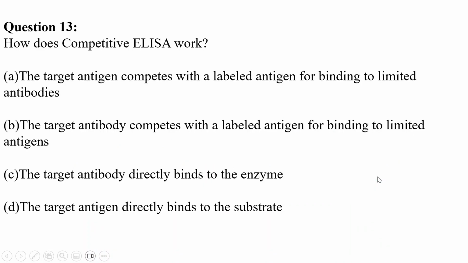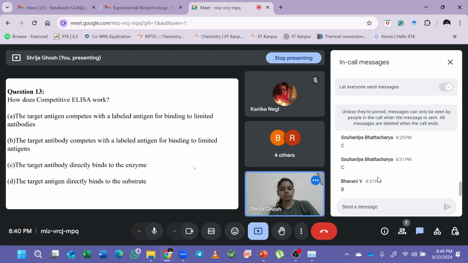So that is competitive ELISA. So antibodies are limited here, and we add two types of antigen that are competing with each other for the binding. Okay, so this is clear. Any doubt in this?